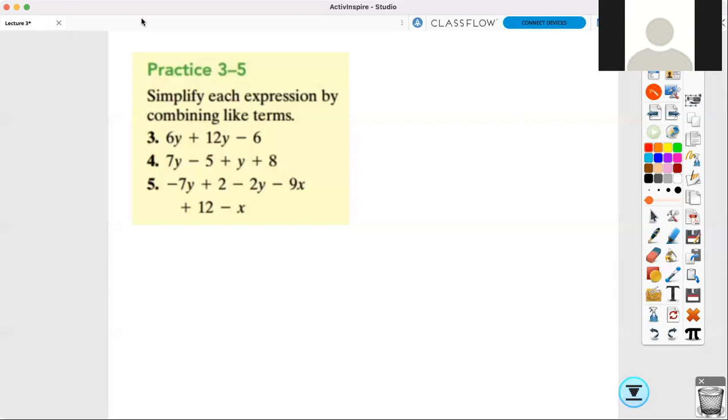It's a minus. So since the minus is in front of the 9x, it's going to be negative 9x. And then you have to combine it with, is there any other x terms on there that you see? Yes, sir. Make sure you combine them correctly, okay?